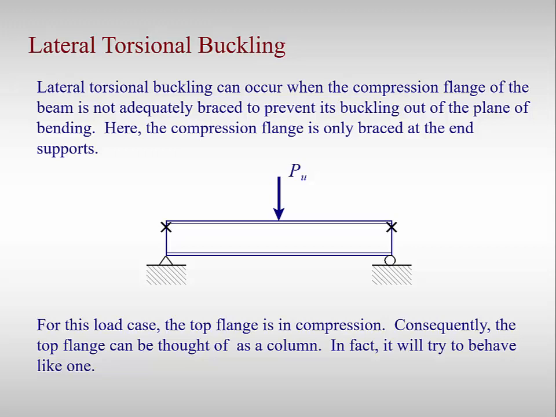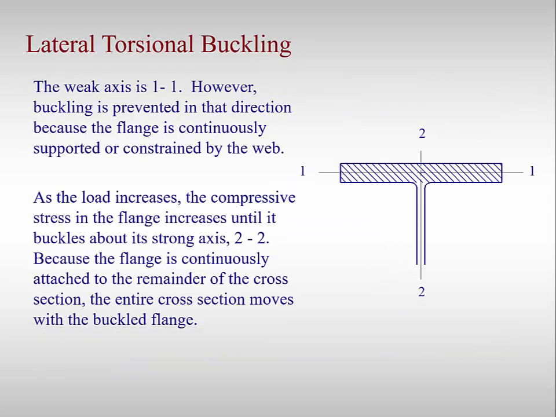If the compression flange is unsupported or unbraced along a portion of its length, it will try to buckle, much like a column. For the beam shown in this slide, the top flange is in compression under the action of the load. Now looking at the compression flange, which has a rectangular cross-section, its weak axis would be the 1-1 axis.